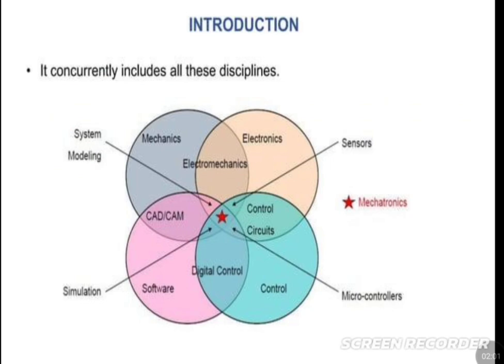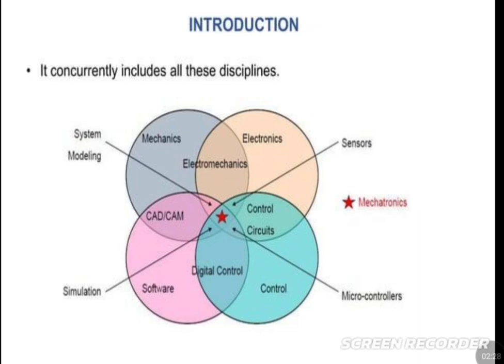And this is the block diagram for the mechatronic systems. First one is mechanics, electronics and control system software. These carry the outer periphery of the system. Integrating mechanics and software is CAD/CAM, integrating mechanics and electronics is electromechanics, electronics with control is control circuits, and software with control is digital control.